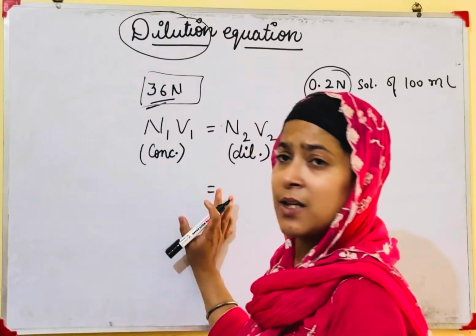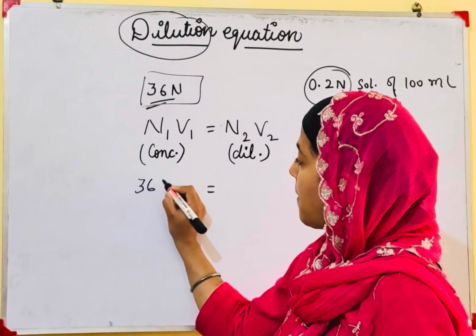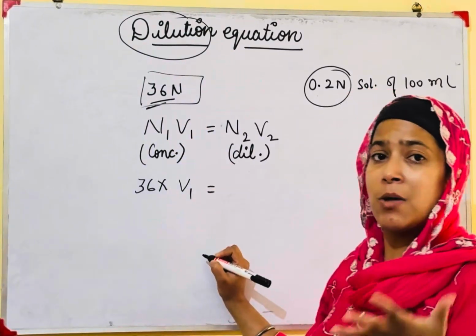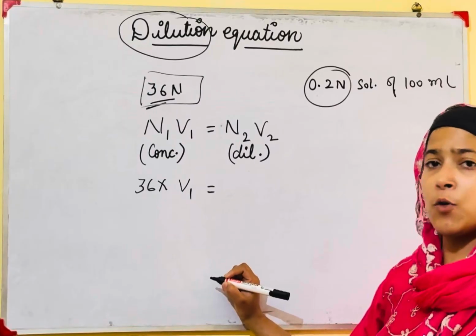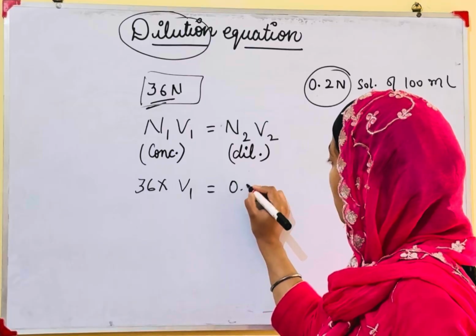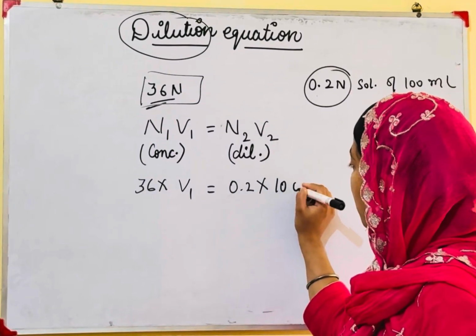So on putting these values, here N1 is 36 multiplied by this volume. We have to calculate how much of this solution will be added to make the more dilute solution. N2 will be 0.2 normal multiplied by the volume, 100 ml.